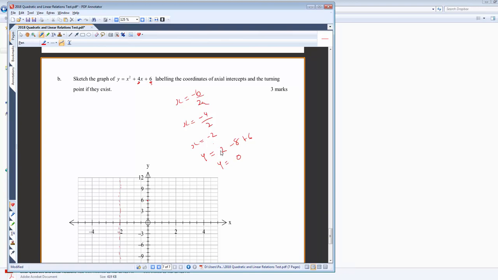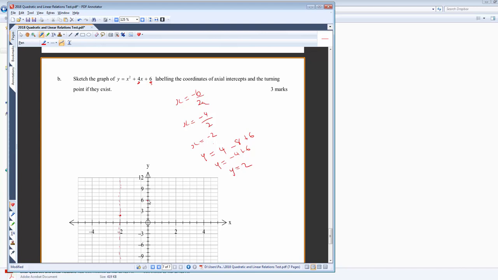I know it can't be solved, so I knew it wouldn't turn on y equals 0, so I'm going to go back and undo this. And there was my mistake. If x is -2, -2 squared is 4. 4 take away 8 plus 6, and now this is looking better. 4 take 8 is -4 plus 6, y equals 2. Okay, so that's a relief, because I was about to get a solution to this when I know there's no solutions.